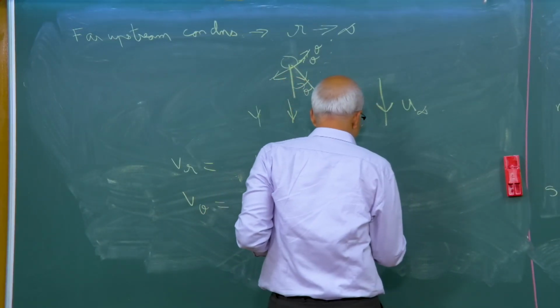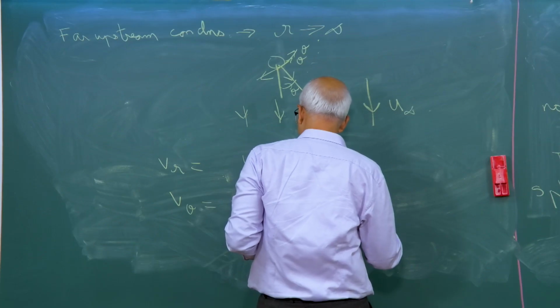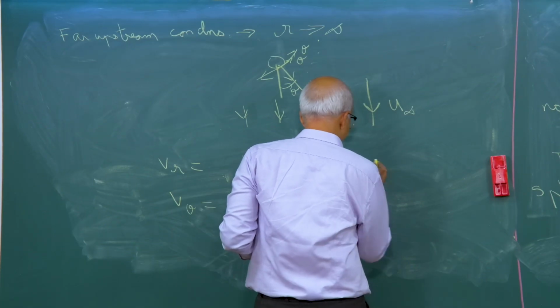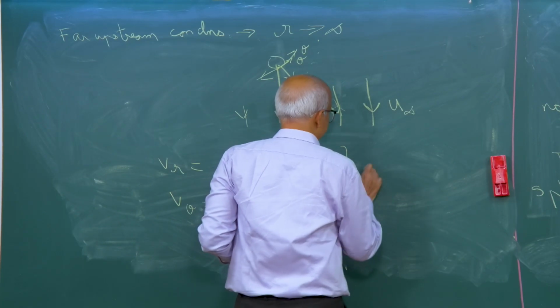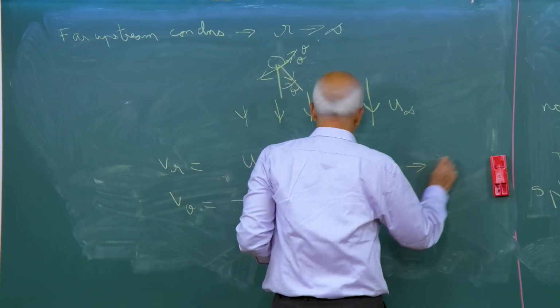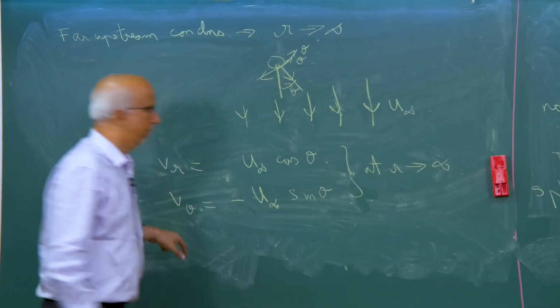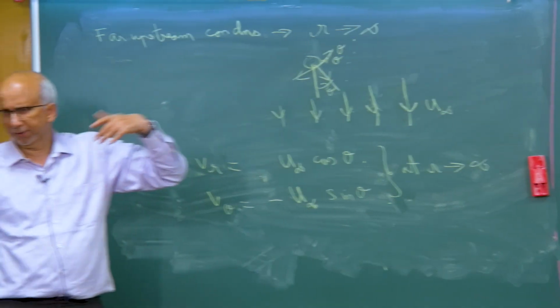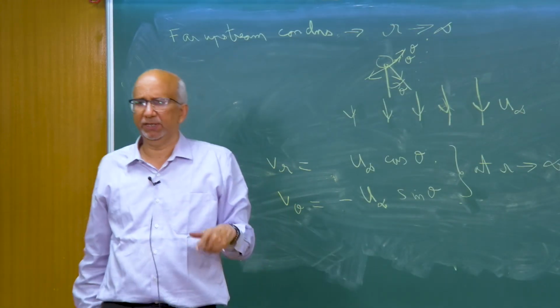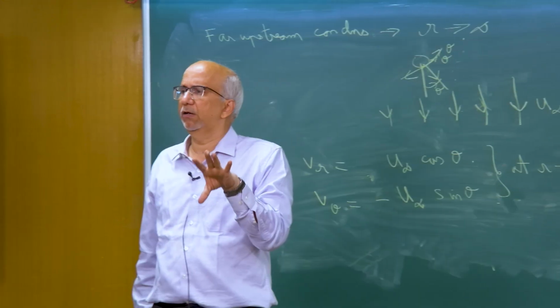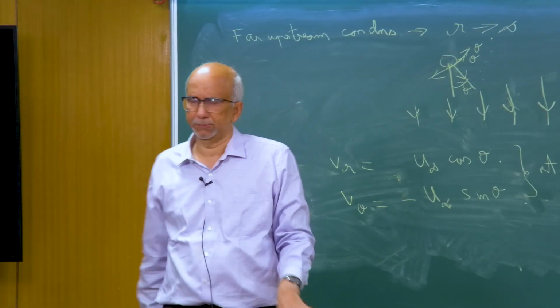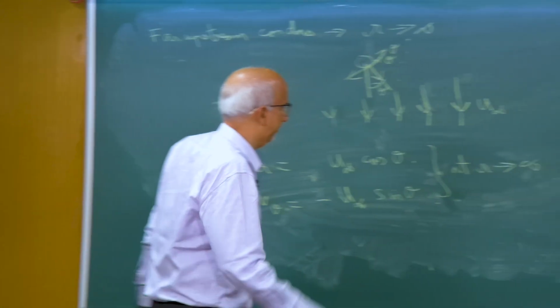this is going to be minus, these are the boundary conditions at r tending to infinity, because my problem is in terms of Vr and V theta. Why do I want Vr and V theta? Because I am going to now convert this to stream function, and I already had that relationship.